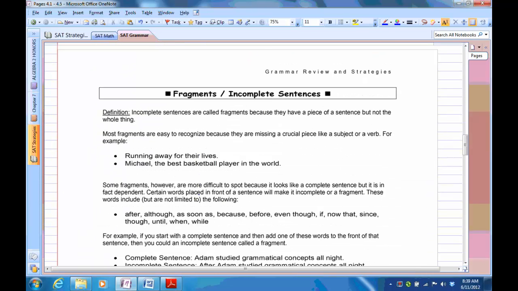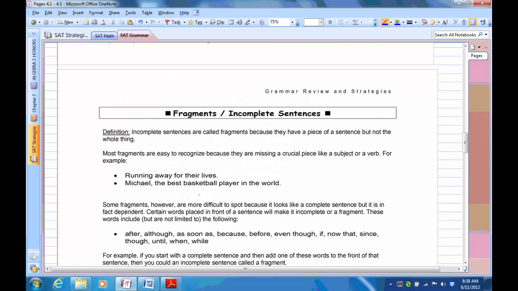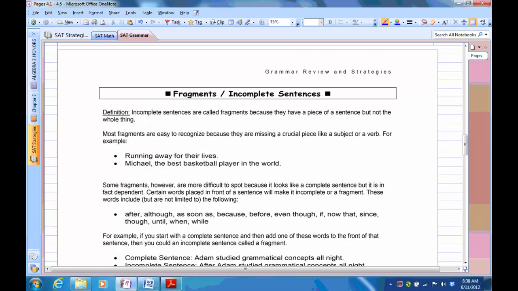Okay, let's talk about fragments and incomplete sentences. One thing I need to talk about are independent and dependent clauses.